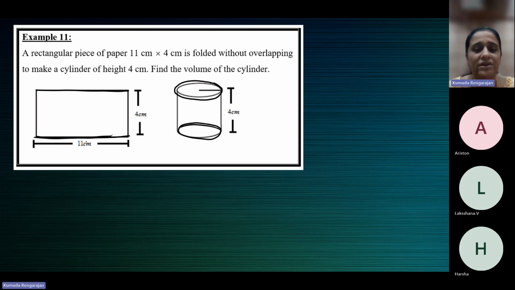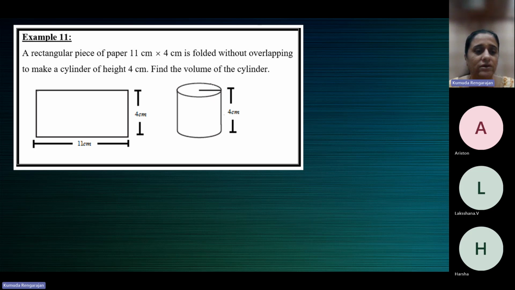So that means 11 centimeters now is equal to the circumference of the circle, not area. And what is this for a circle? Circumference, 2 pi r. So 2 pi r is equal to 11. We need to use this equation, and on working this, you can find the value of r.